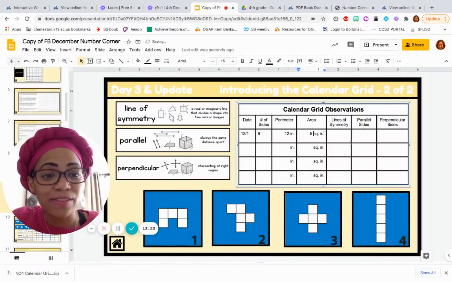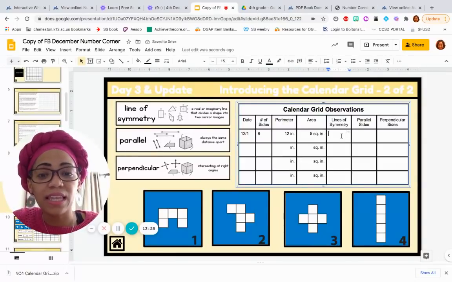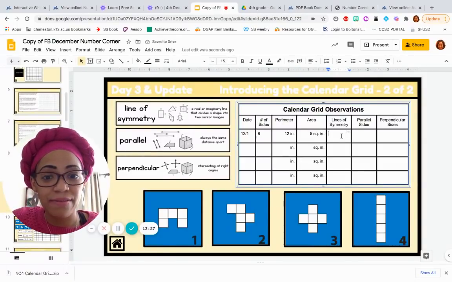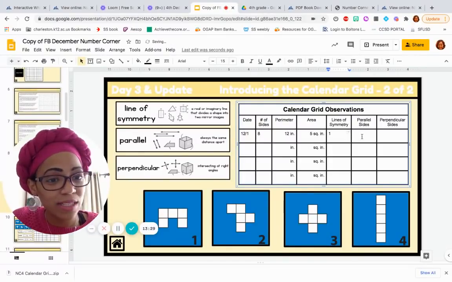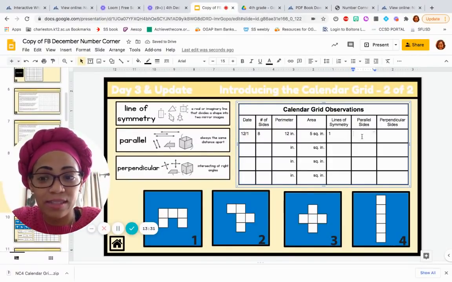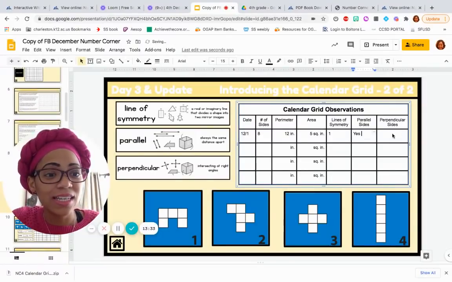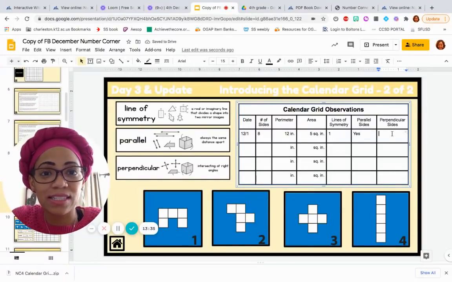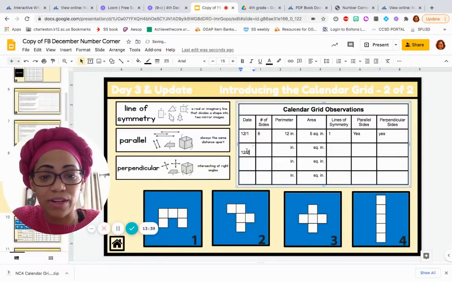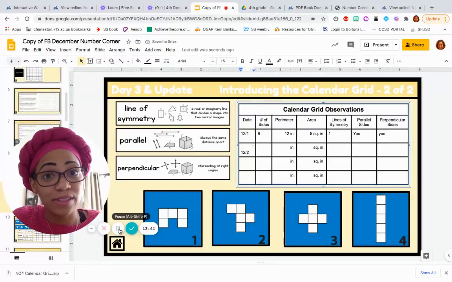Right, 5 square units. How many lines of symmetry does it have? Just the 1. Does it have parallel sides? Yes. Does it have perpendicular sides? Yes, it does.